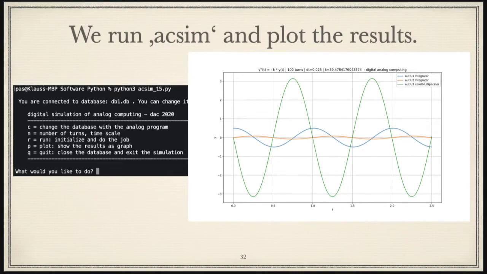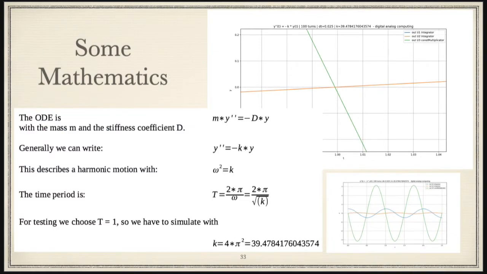Let us look for some mathematics. In order to the accuracy, we choose a time period of 1. Time period here is set to 1, so we have this horrible number. And when we then look to the green curve, it should cross here the t-axis and not here. So here we have an error.